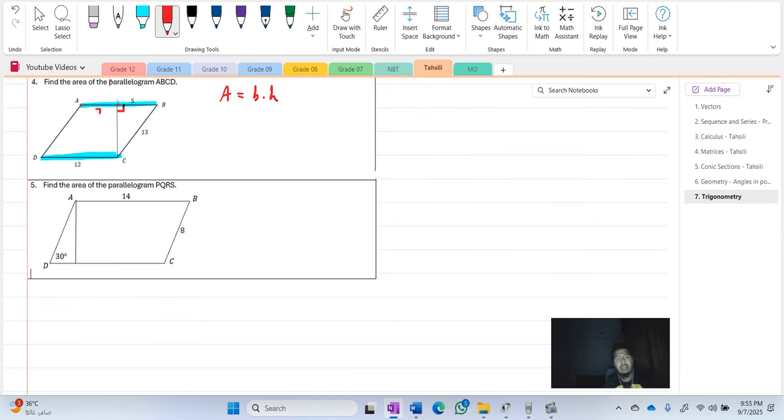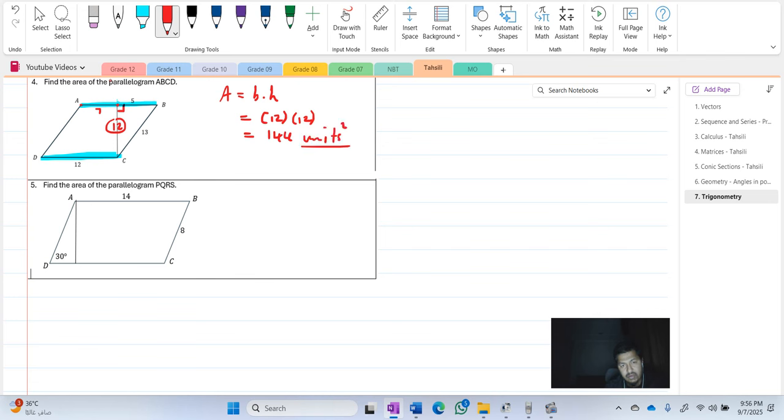Okay, so 7 plus 5 is 12. Now remember, you got 5, 13, and you can get this to be 12 using Pythagorean triple. So we know the height is 12, right? What's the base? The base is this entire thing from A to B, 7 plus 5, which is also 12. And 12 times 12 is 144 units squared.